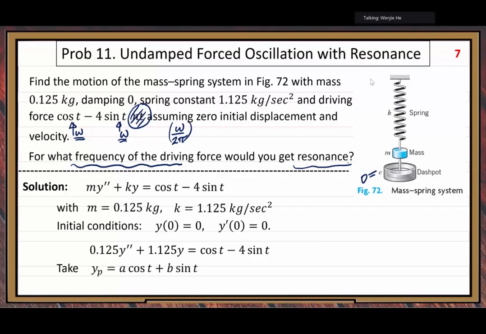YP should take this structure, cosine and sine. Why does YP take this structure? Because the derivative and second derivative of the original function have a similar form.